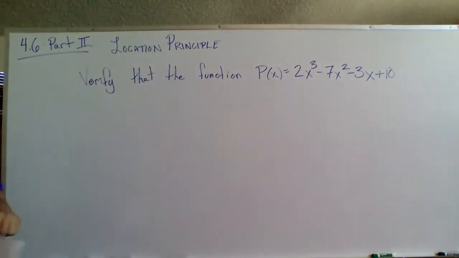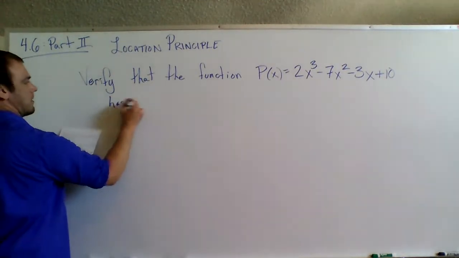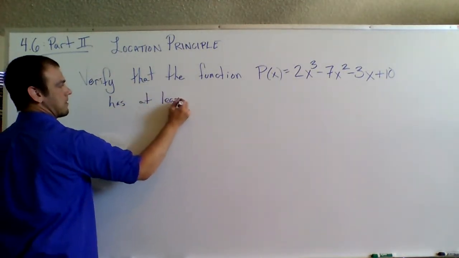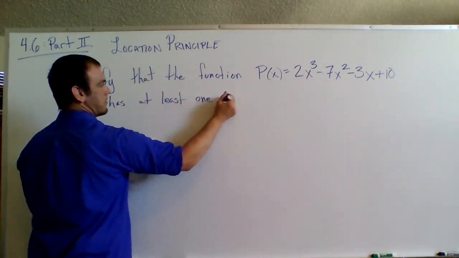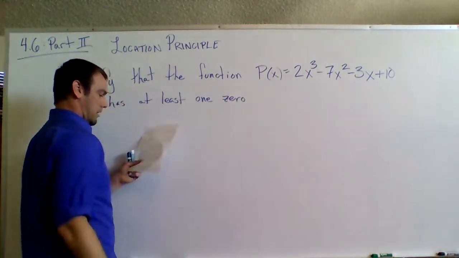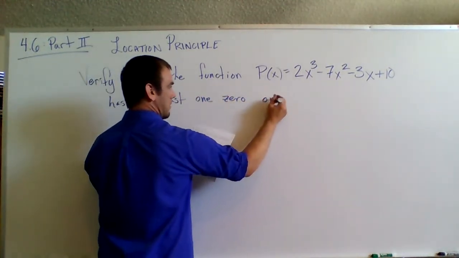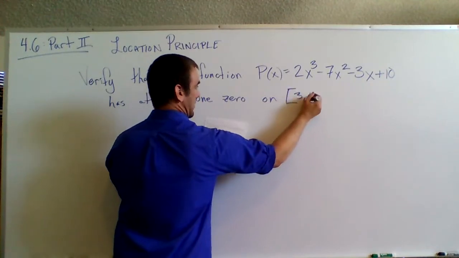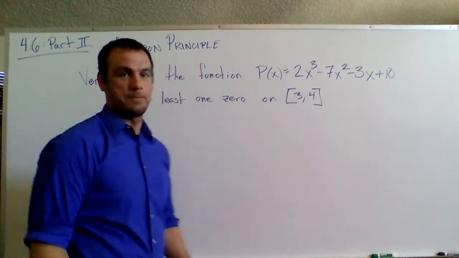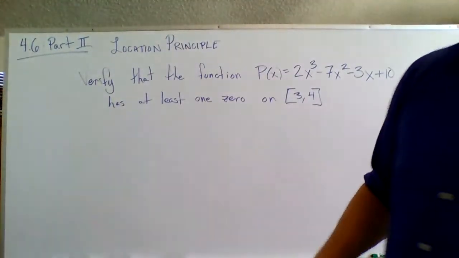Alright, so verify the function P of x has at least one zero on our interval 3 to 4. Okay, so let's begin.